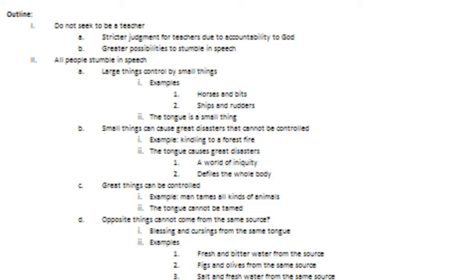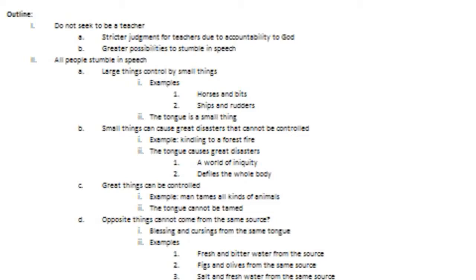So the idea we see in this text is that he talks about large things being controlled by something small. He gives some examples of something small that controls something big, and then mentions that the tongue is a small thing. He then talks about small things that can cause disasters that cannot be controlled, an example of kindling in a forest fire, and then he talks about a tongue doing great disaster.